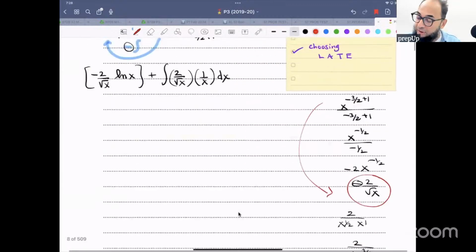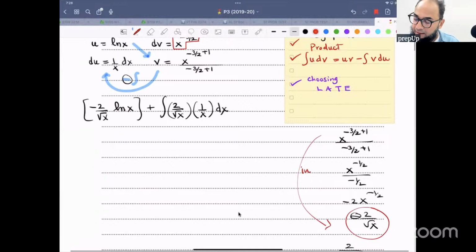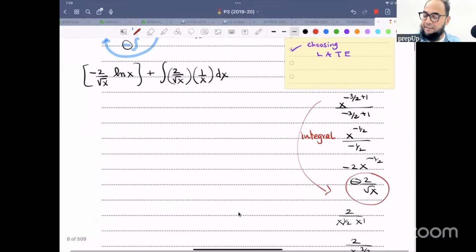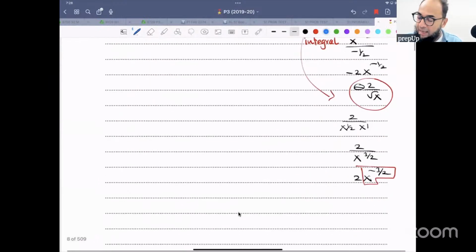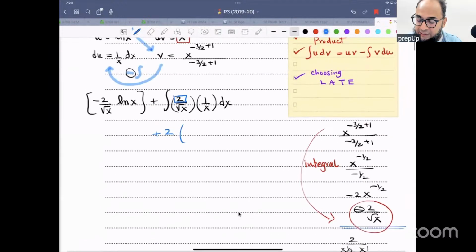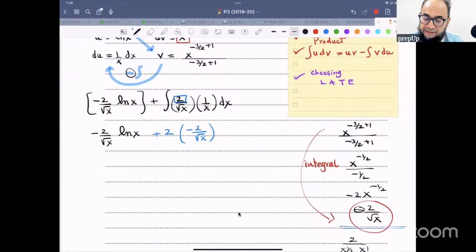Sorry, I was using the wrong word earlier; we are talking about the integral. This 2 remains, so let's separate out this 2. And this integral is negative 2 over root x. So this is negative 2 over root x, and we have what was there before, negative 2 over root x ln x. All good, all clear?